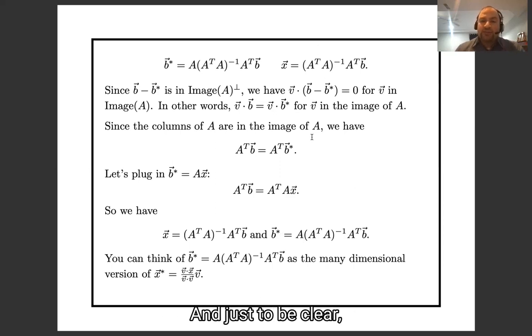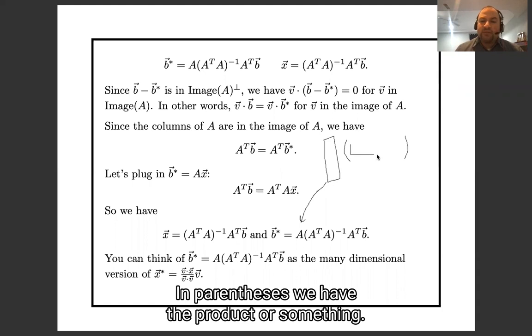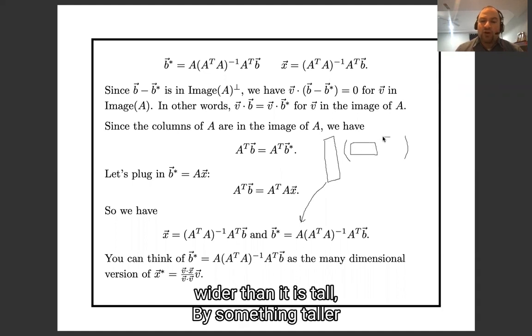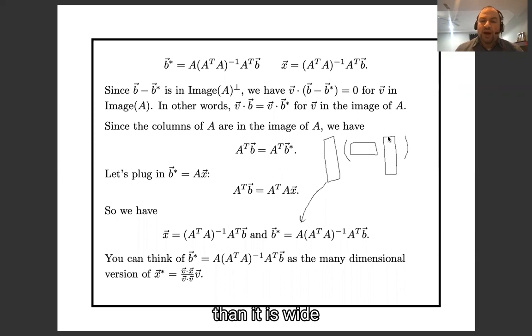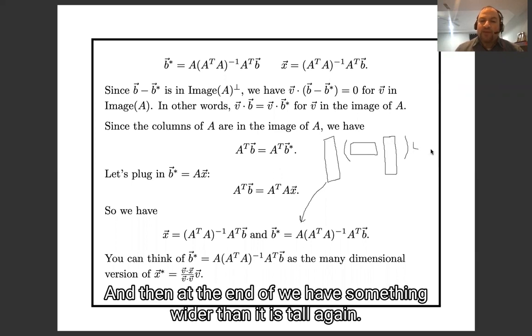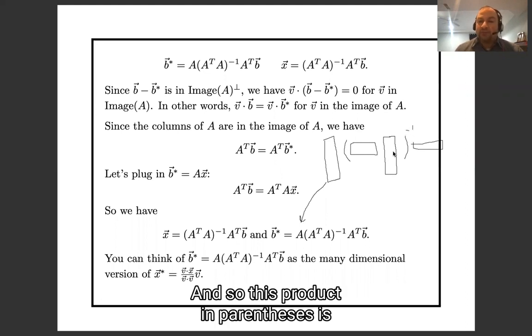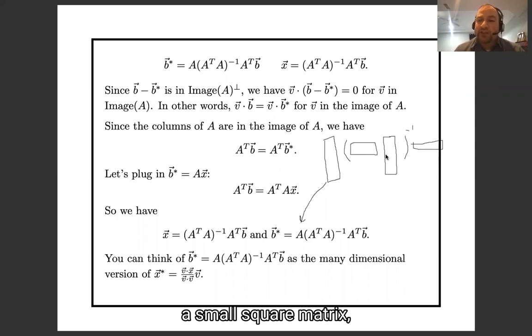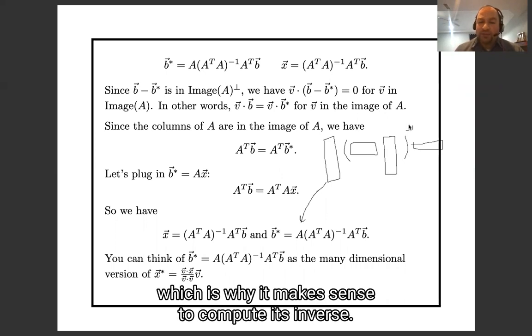And just to be clear, this matrix A over here is a rectangular matrix, taller than it is wide. In parentheses, we have the product of something wider than it is tall by something taller than it is wide. And then at the end, we have something wider than it is tall again. And so this product in parentheses is a small square matrix, which is why it makes sense to compute its inverse.